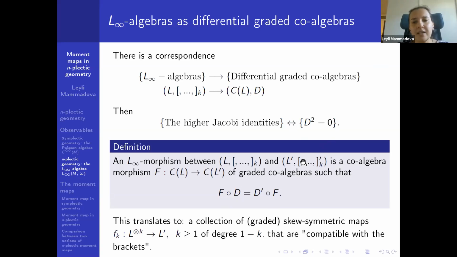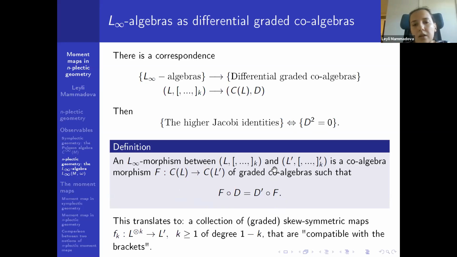Okay, thank you. Right. So it's a coalgebra morphism that intertwines the respective differentials right here. I'll just tell you that the differentials are just cooked up from these brackets. There's not much more, just some sign magic going on.